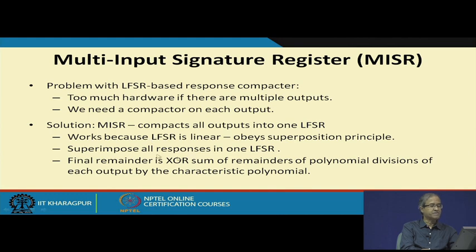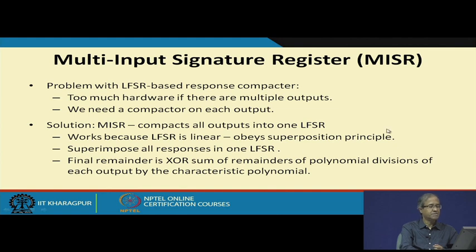There are some properties. If you compact each of the individual inputs separately, compute the signature and take the XOR of the final results, you will get the same final result. This can be proved because this LFSR feedback is linear, it obeys the superposition principle, which says that if you apply one input at a time and see the response, and if you apply all of them together, the sum of the responses will be the same response.